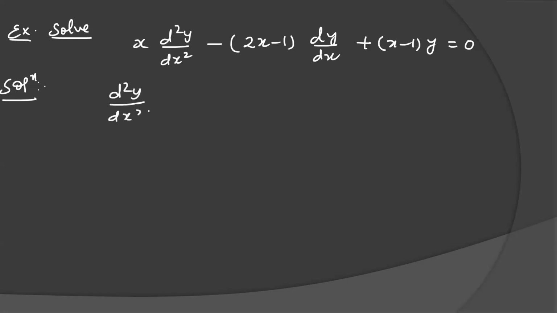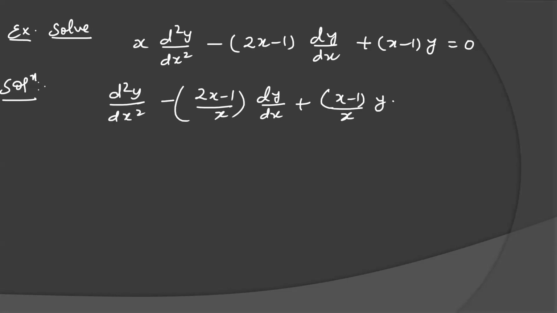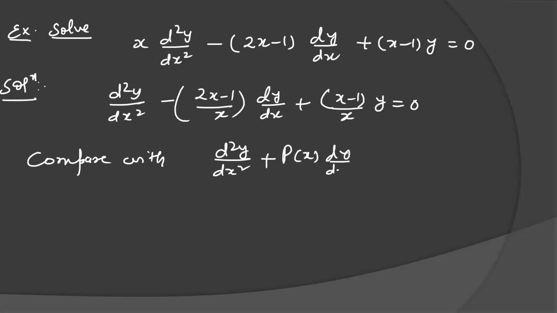So d2y by dx2 minus (2x minus 1) over x dy by dx plus (x minus 1) by x y equal to 0. The only good thing here is that this is a homogeneous linear differential equation. Now compare with d2y by dx2 plus p(x) dy by dx plus q(x) y equal to r(x).